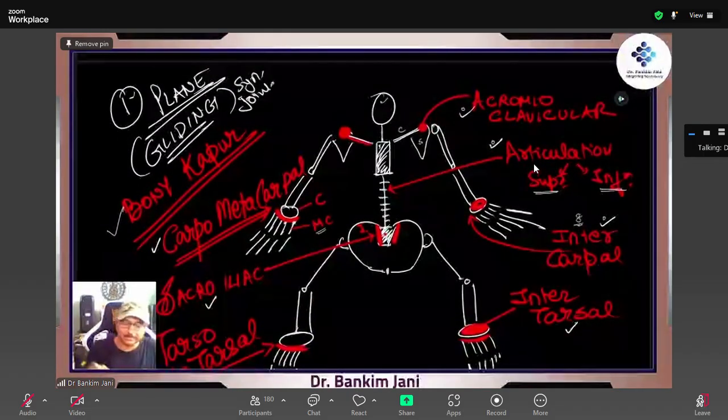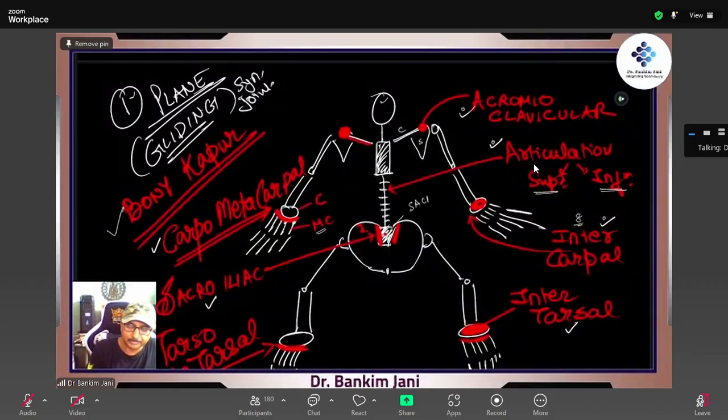Then similarly, this is the sacrum. The hip bone is made up of 3 bones: ilium, ischium, and pubis. If you stand in style with your hands on your hips, this ridge is the ilium, or the iliac crest.